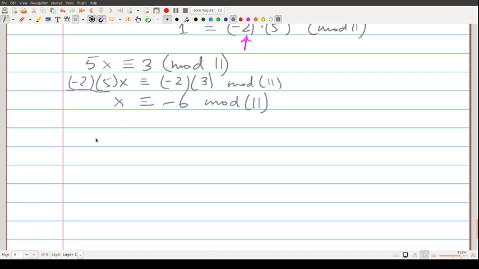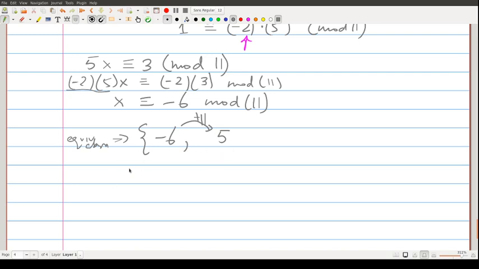And to do that, I don't need to do any division. So remember that whatever class this is, minus 6, I can find the next number by adding 11, right, in its equivalence class. So if I add 11 to minus 6, minus 6 plus 11 is just going to be 5.